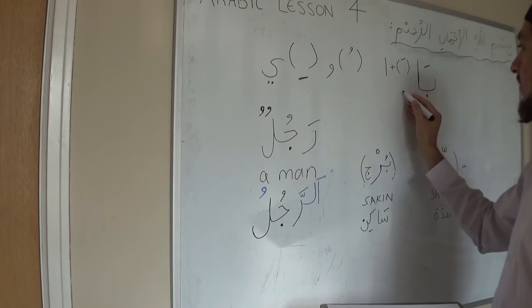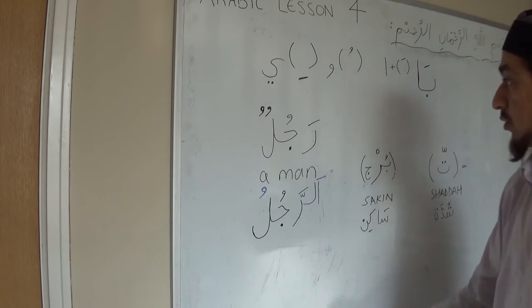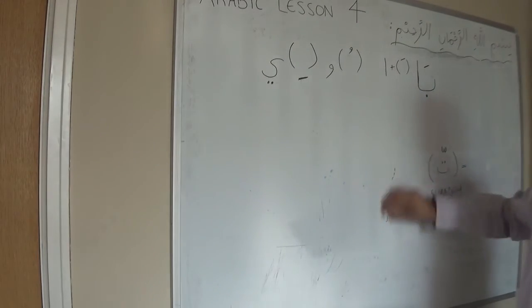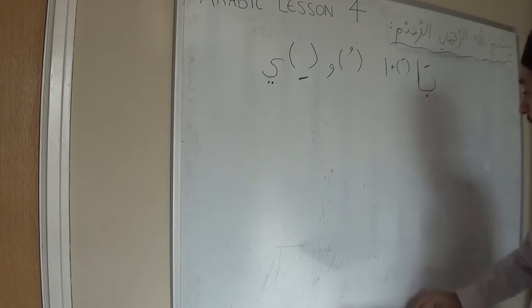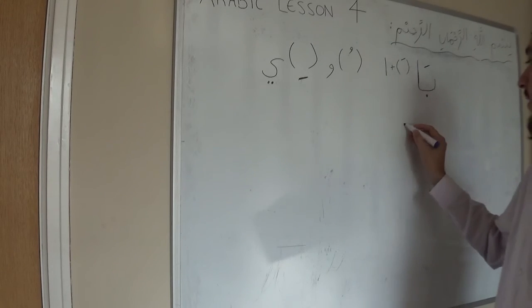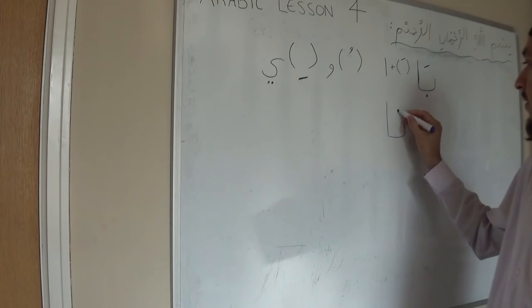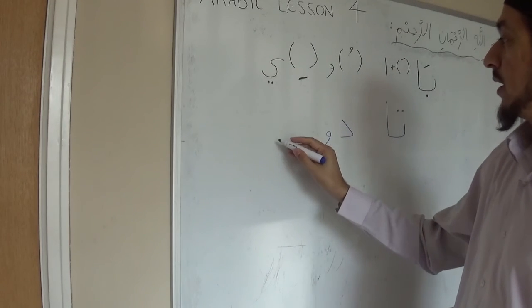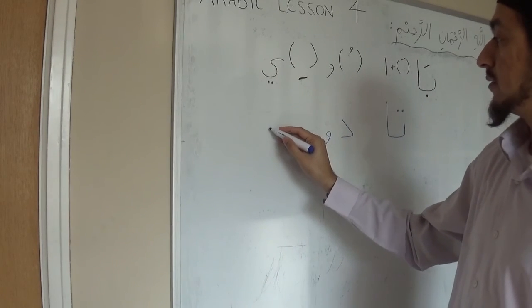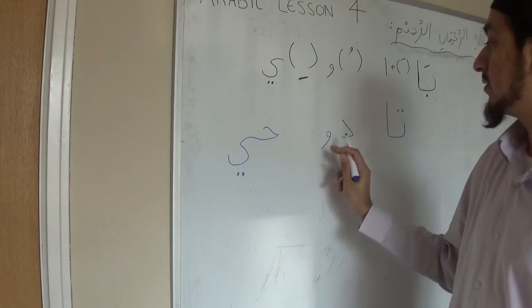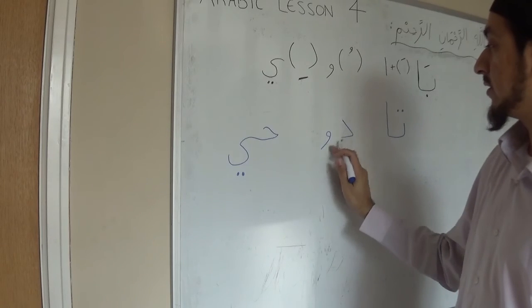So let's make it more clear with space. Let's put ta here with an alif, dal here with the waw, and jim here with the ya. That's how they would join. Dal, nothing joins after it, so there you can see that.